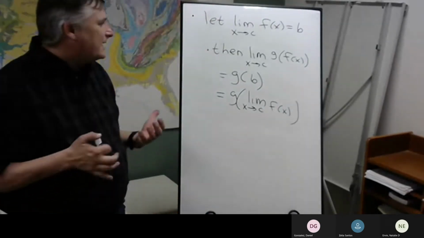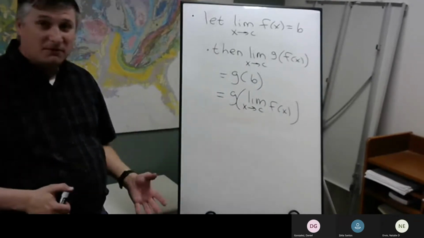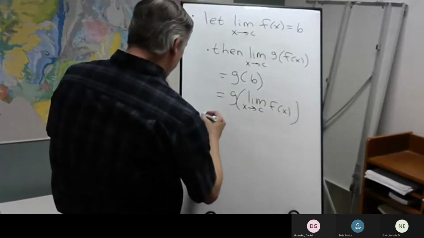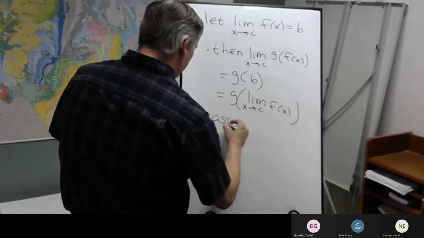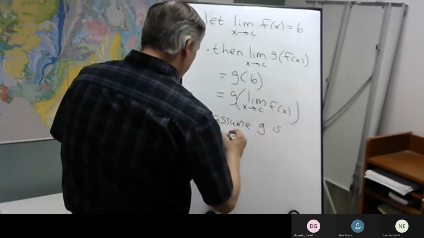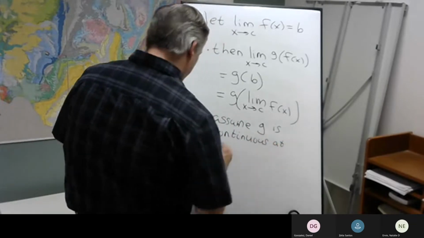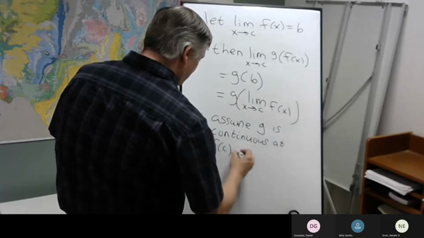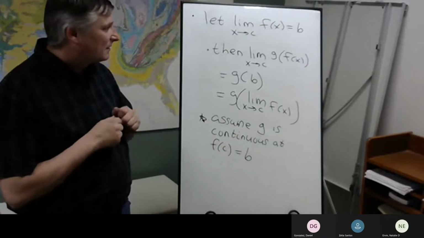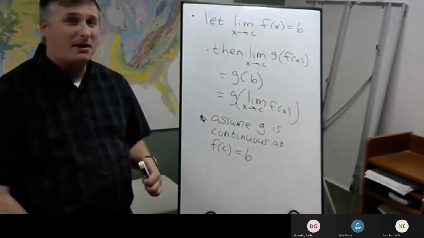So in other words, if you're taking the limit of a composition, the limit's going to go inside that g function. Again, you got to make the one caveat and assume g is continuous at f of c is equal to b. We do need g to be continuous. Questions about that?